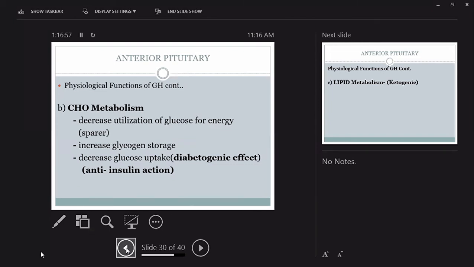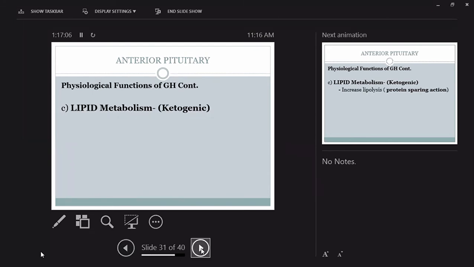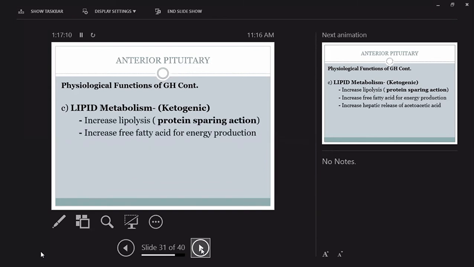It has decreased utilization of glucose for energy. And so instead, it uses lipids, fat, as a source of energy production.